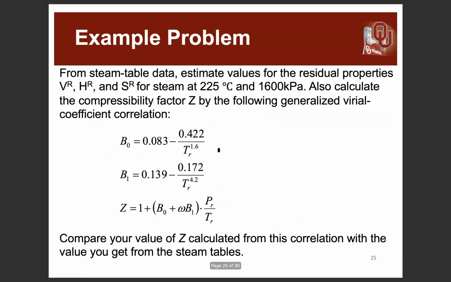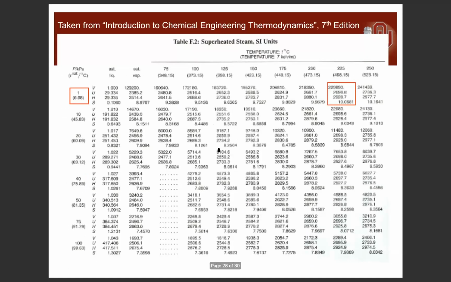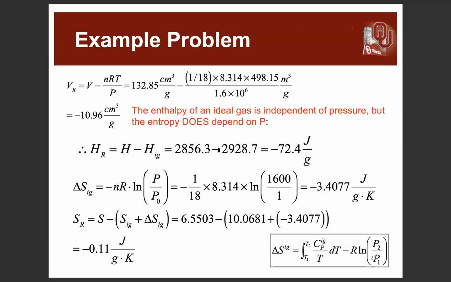Okay, so that's all for today. And I left you with one example question: how do we evaluate the residual properties using the steam table again? We'll have a quick revisit on the two questions and this example problem this Thursday.